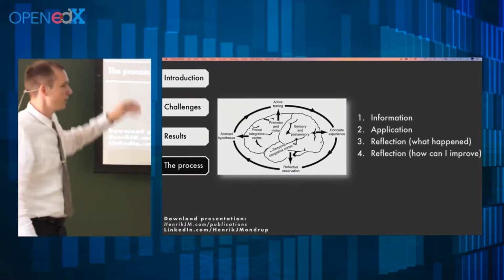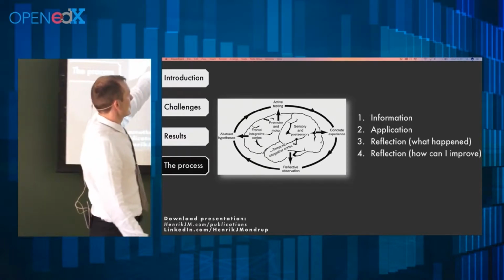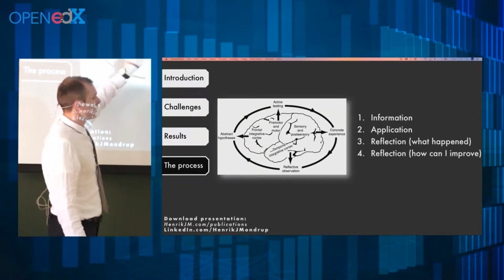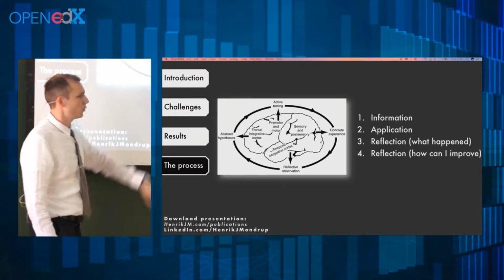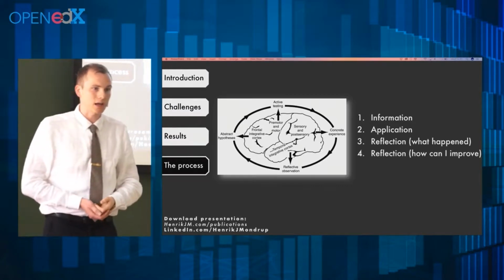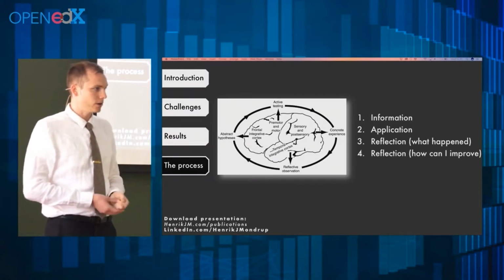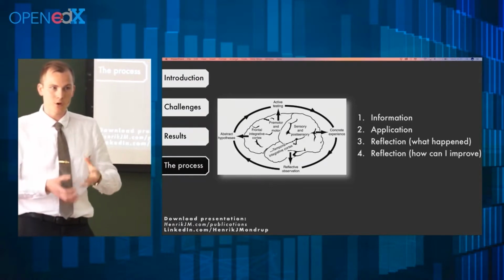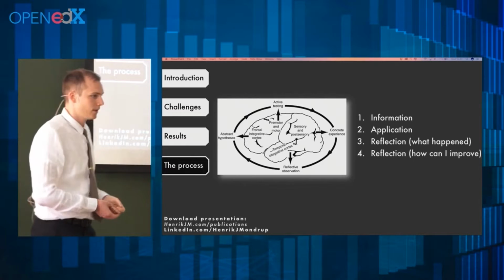This is from Kolb's learning theory, knowing that different people learn in different ways. Some people learn more by testing, like a carpenter education. They have a lot of practice experiments, whereas a lawyer's education is more theory.